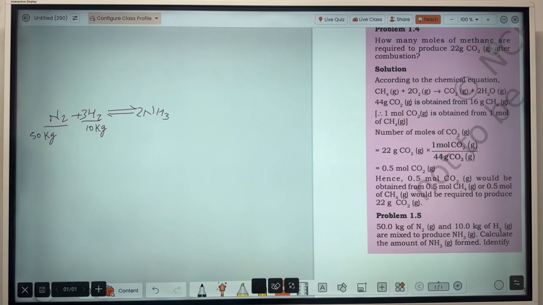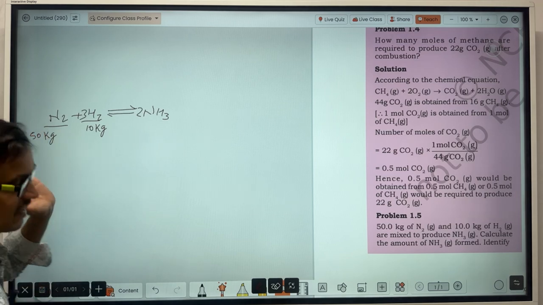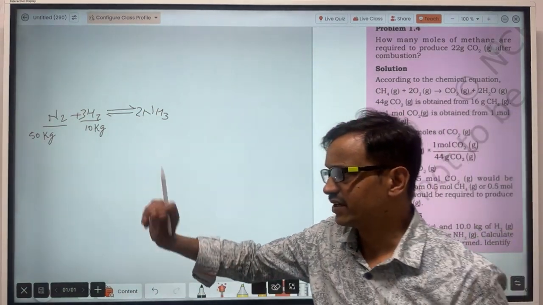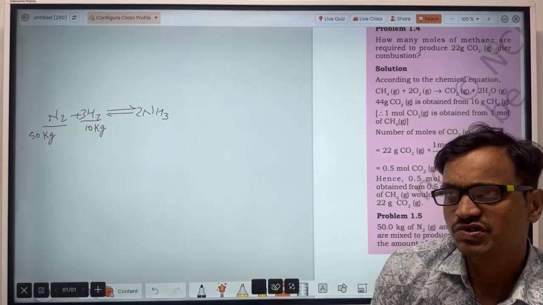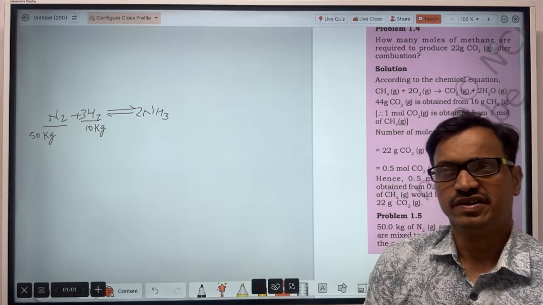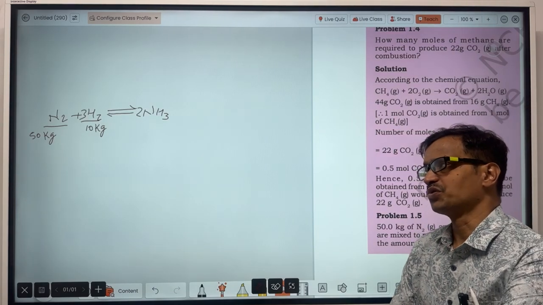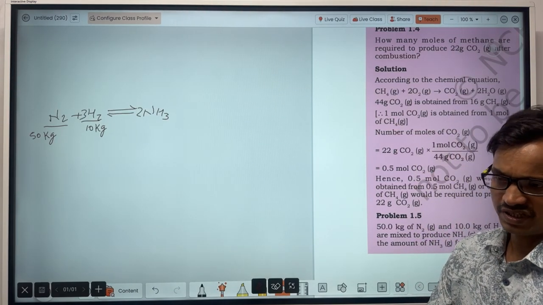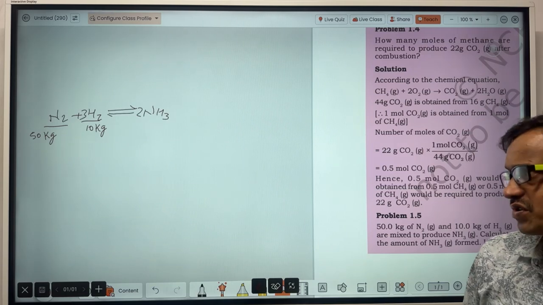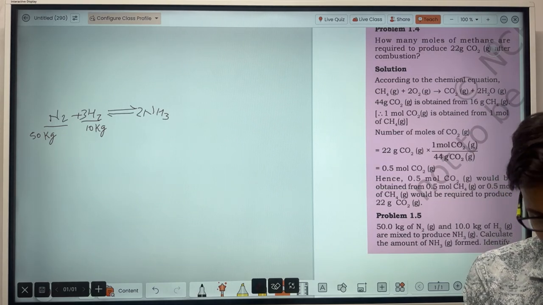The atomic weight of nitrogen is 14, so for 2 nitrogen atoms it is 28. Watch the reaction: 1 mole of nitrogen molecule reacts with 3 moles of hydrogen molecule, and there will be formation of 2 moles of ammonia molecule.